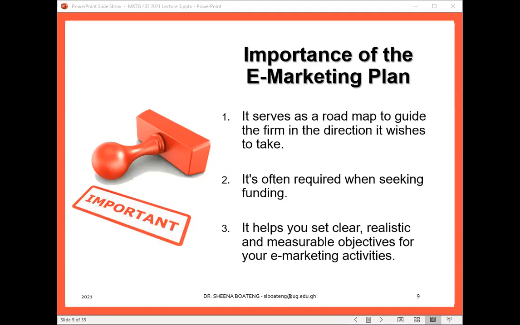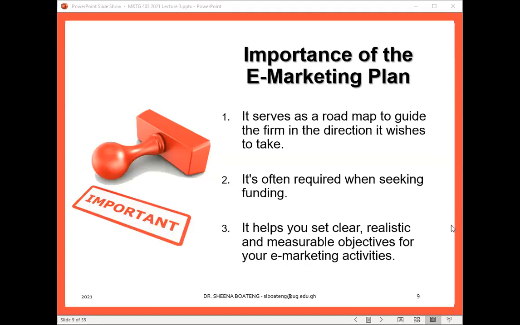Next, we can talk about the fact that the e-marketing plan helps you to set clear, realistic, and measurable objectives for your e-marketing activities. Why are we saying so? If you do not have an idea of where you are going, you will not be able to determine once you have gotten there, because you have no idea what it would look like if you get there.